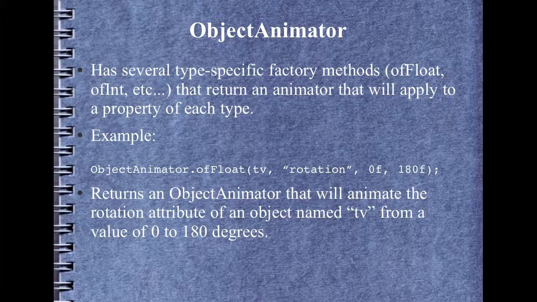The third parameter is the beginning value, and the fourth parameter is the ending value. So what we have here is we're going to animate an object named tv, and we're going to take its rotation through 180 degrees, starting at 0 degrees and going to 180. And what we have to have is a setter called setRotation in order for this to work.